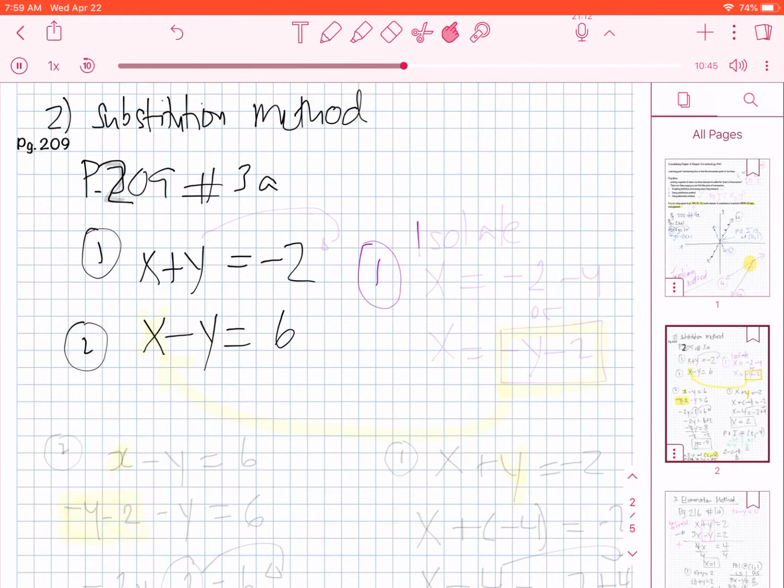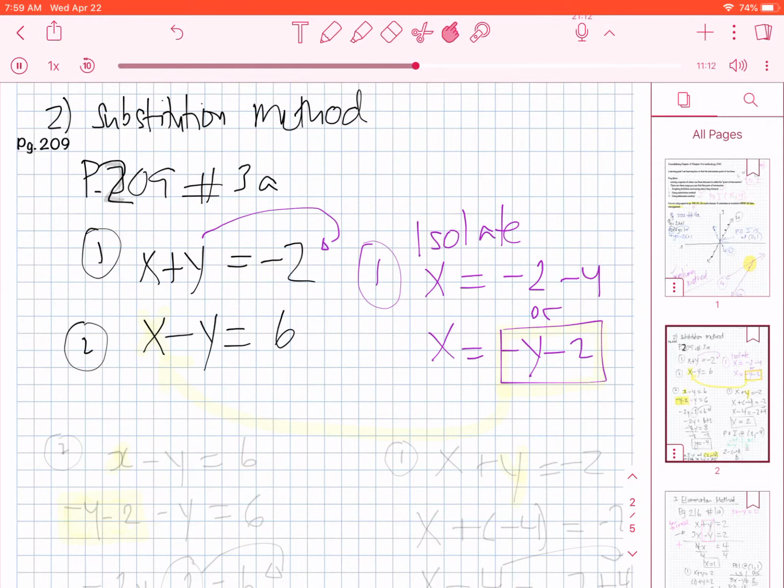So I'm going to isolate for x. If I want to isolate for x, I need to move that plus y to the right side. So what I really have is negative 2 minus y, or x is equal to negative y minus 2. It's the same thing, just rearranged. Both terms are negative. Okay, so this means that I'm going to use this cut and paste method.